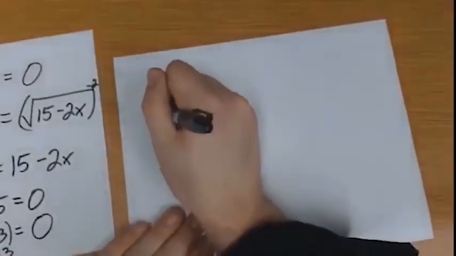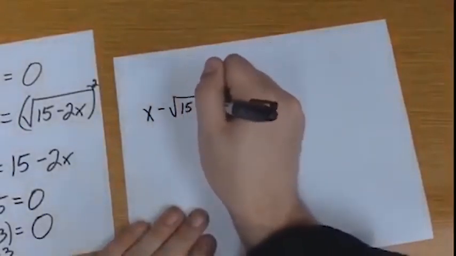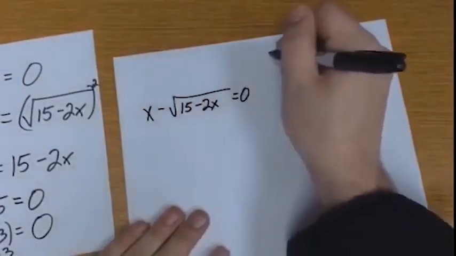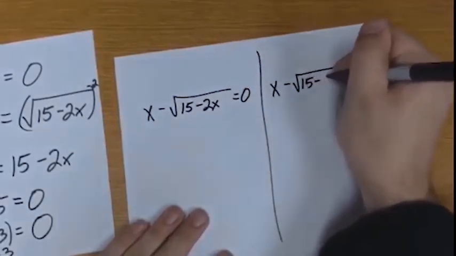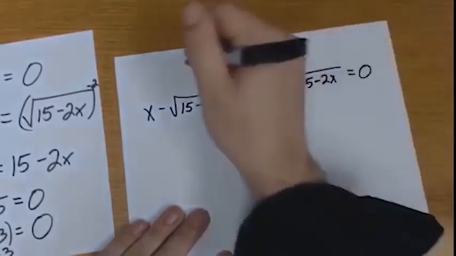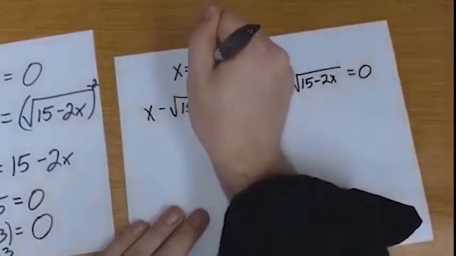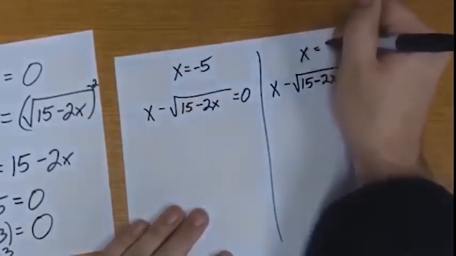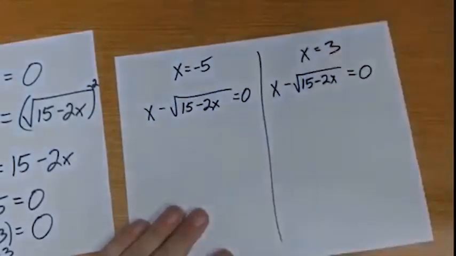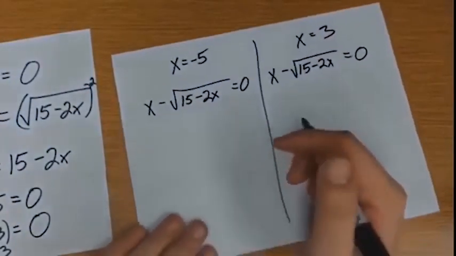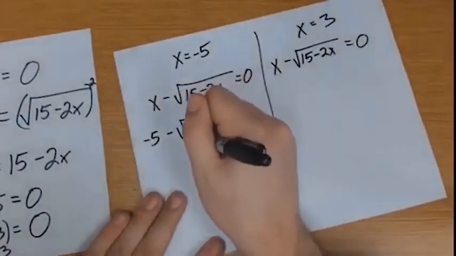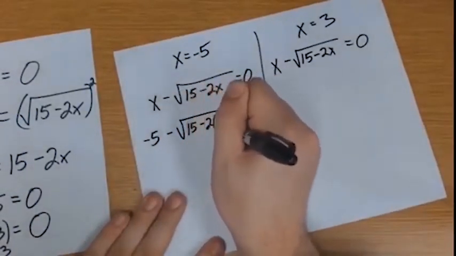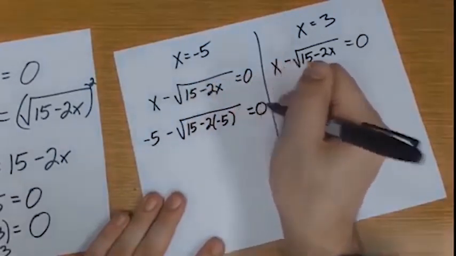So we're going to check this twice. Once for x equals negative 5, once for x equals 3. If we plug in negative 5, we get negative 5 minus radical 15 minus 2 times negative 5 equals 0.